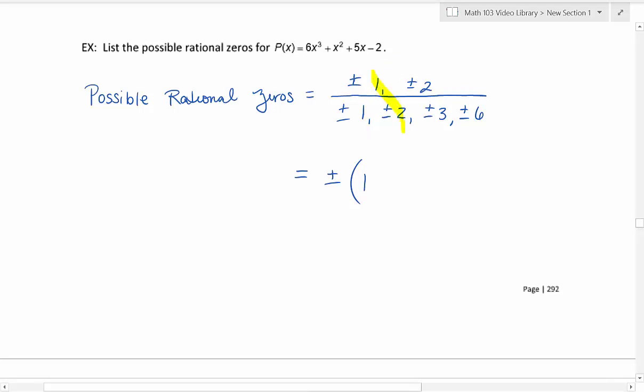Then 1 over 2, that's a half. 1 over 3, a third. And 1 over 6 is a sixth. Now that I've taken the first number in the numerator over every number in the denominator, I'm going to move on to the second number in the numerator. So that'll be 2 over 1 is 2.